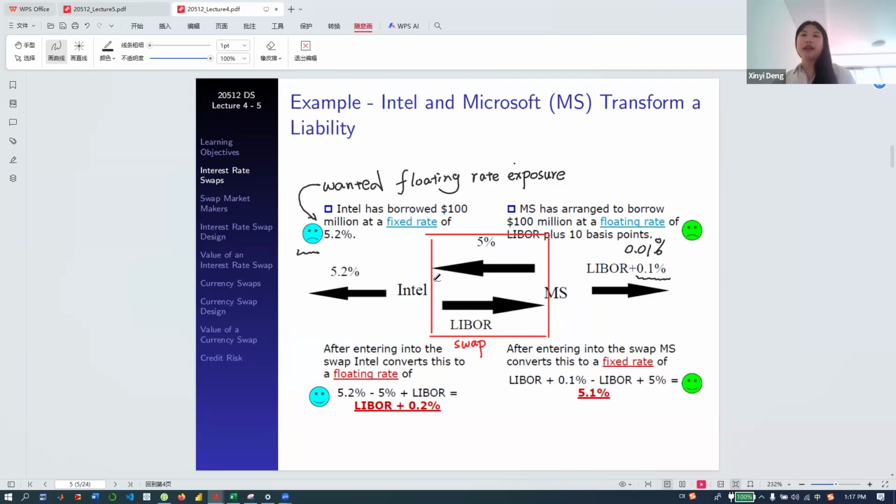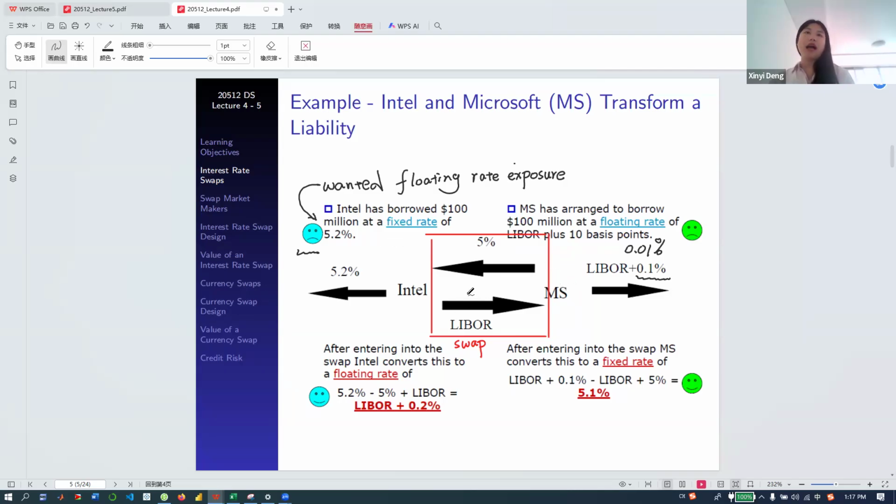So this red rectangle here, that's the swap. And then by including this swap, let's see how things change for Intel and Microsoft.